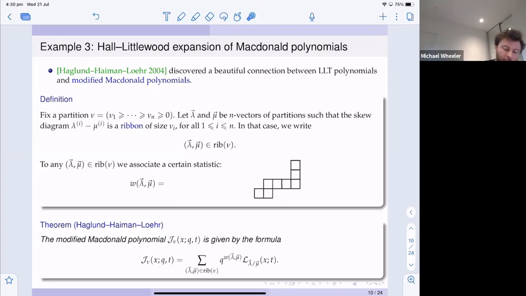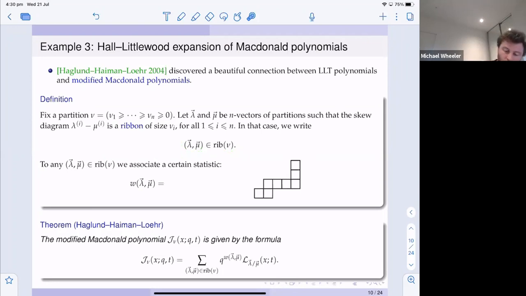So I will fix a partition index. Here I'm using mu as the index, and I'll also define a certain set. This set, rib of nu, is going to be a set of ribbon diagrams. So what do I mean by this? Basically a pair lambda, mu is going to live inside of this set if it satisfies the following constraints.